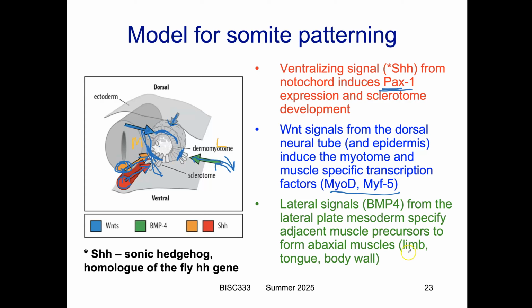And then we don't have specific gene expression, but they are going to form the limb muscles, and those migrate far down, but also the tongue, so up in the head area, and then muscles of the body wall, right? And so, yeah, there's nothing specific to mention about the derma part of the dermamyotome. But these are the signals you need to remember.